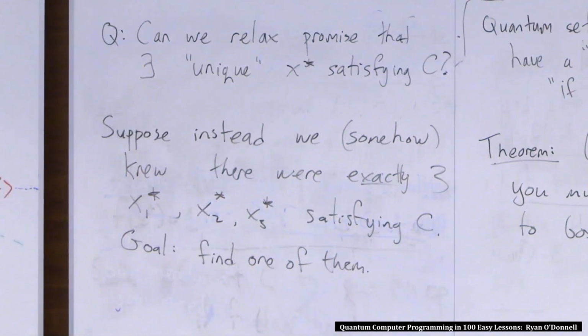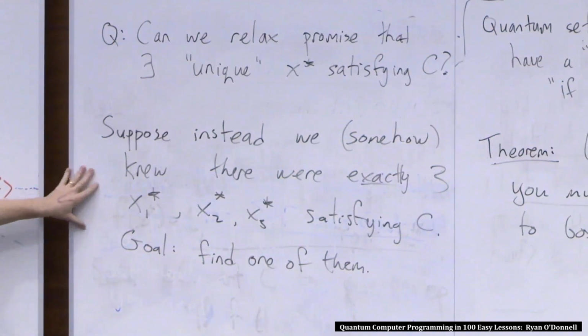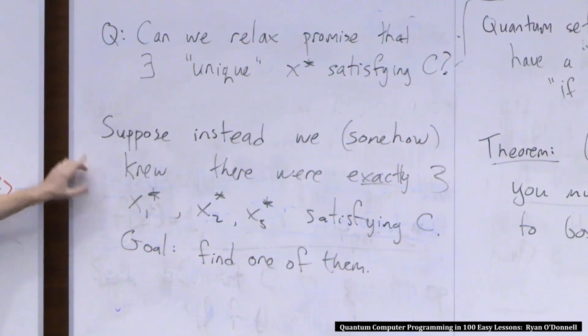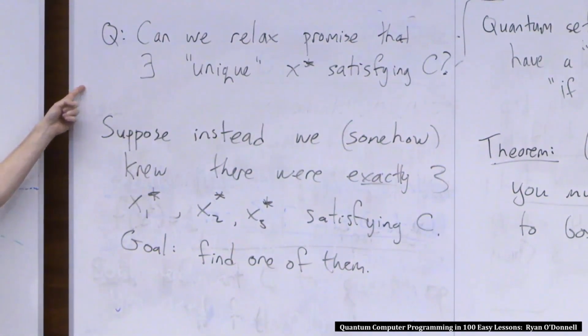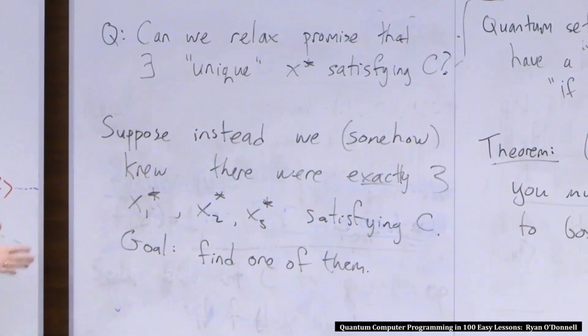Now, what we're going to eventually get to is the following. You should think to yourself, this problem should actually be easier than the unique one, because there are more things to find. Here, there's only 1 out of the 2 to the n things to find. Now there's 3 out of the 2 to the n things to find. So not only should we be able to solve this, we should be able to solve it a little bit faster, ideally. And that's what we'll find.